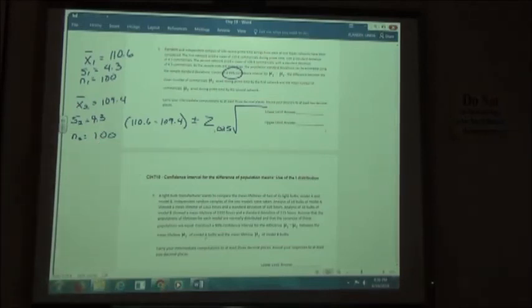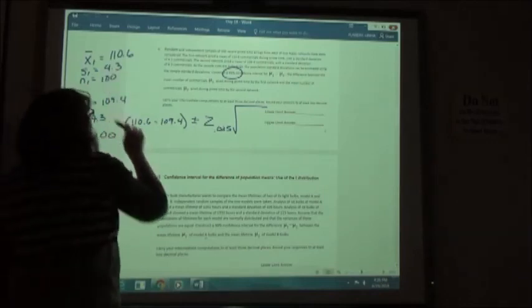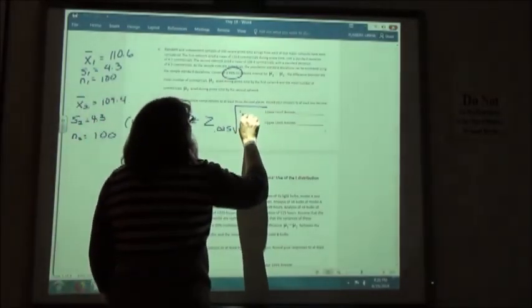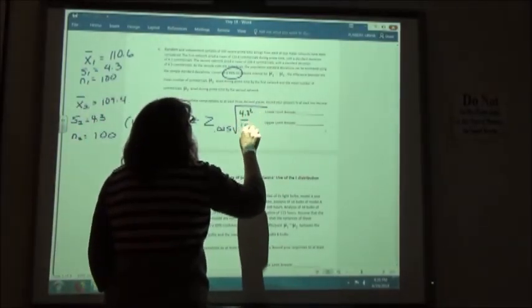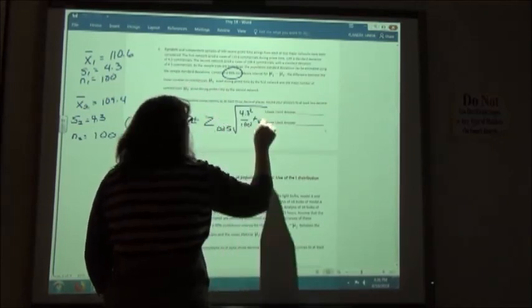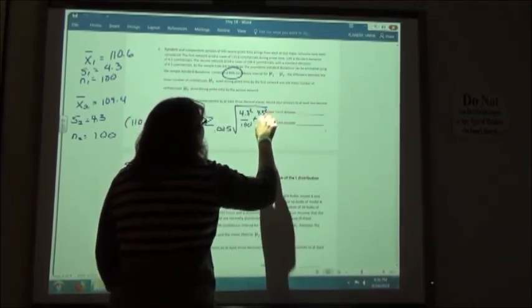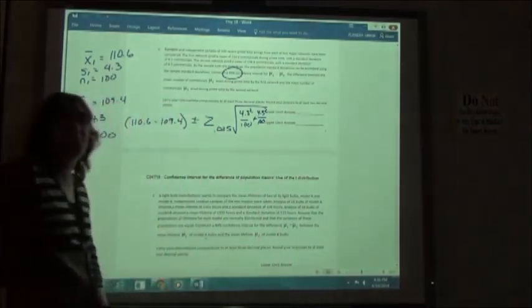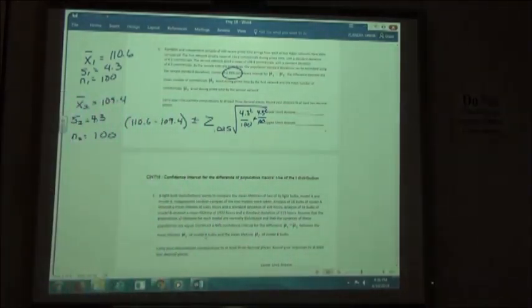They did 100 from each of the two major networks. So we are going to have 4.3 squared over 100 plus 4.3 squared over 100, since they use the same numbers for both of them. Standard deviations were the same. The number of people I surveyed were the same from one network to the other one.